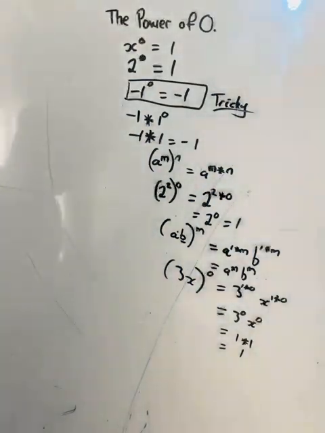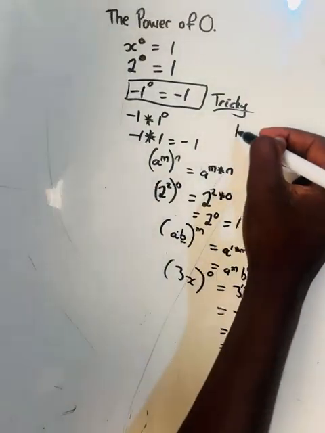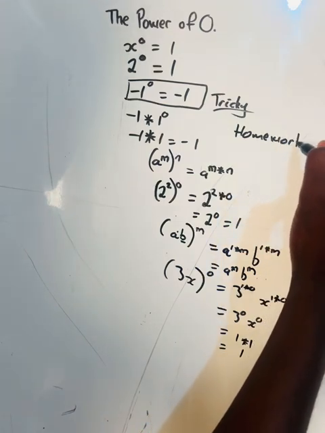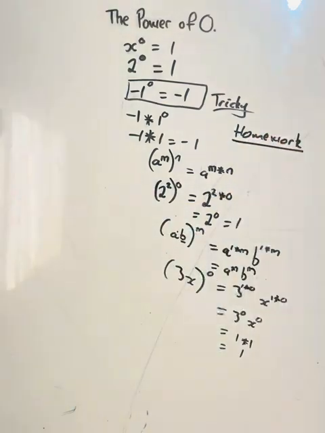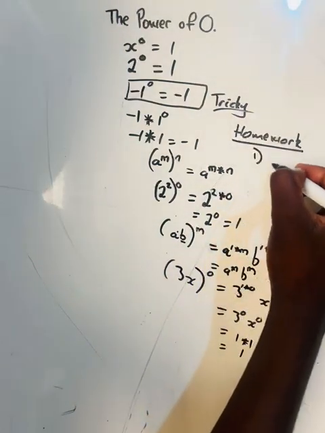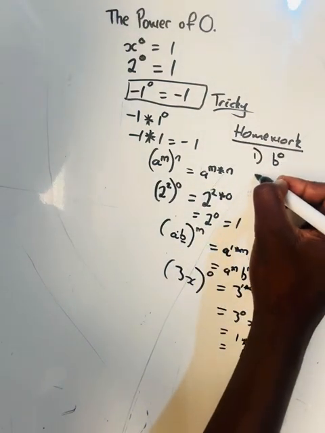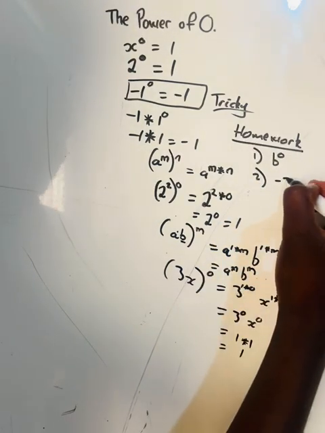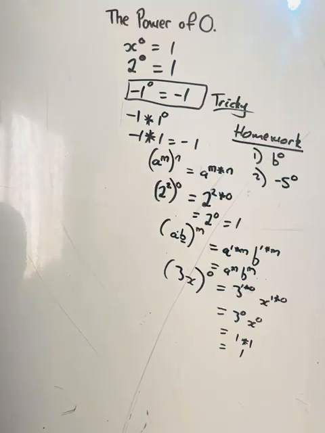All right. So I want to give you some homework, something that you can try on your own to check your understanding of the topic. For instance, number 1, what is b to the power 0? Number 2, if you are given negative 5 to the power 0.